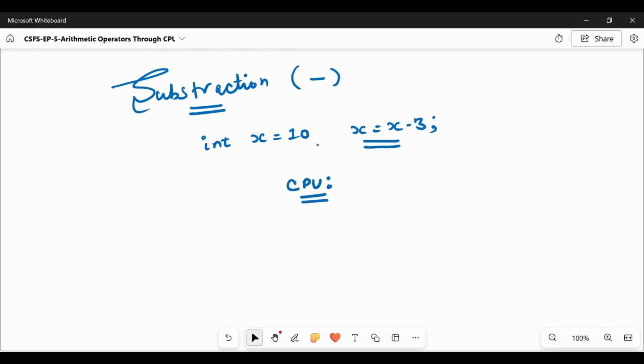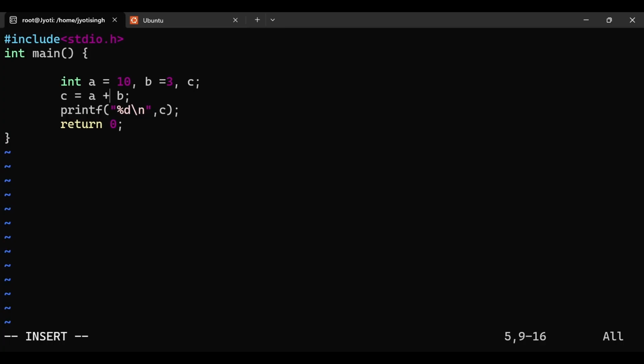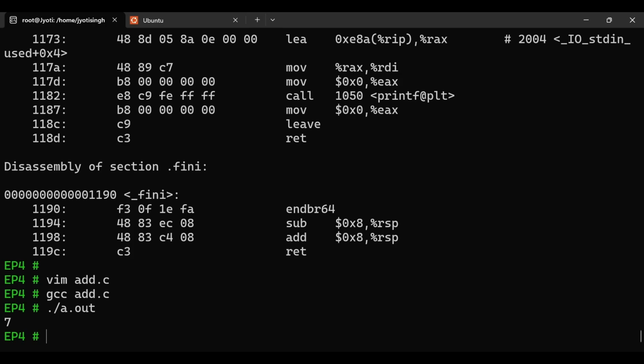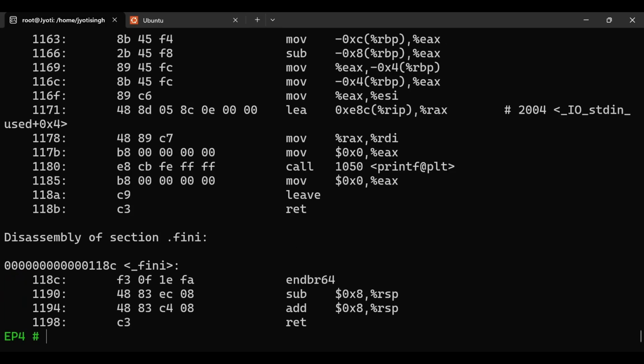We are not doing the computations here. It will be load, subtract, I will show you, and then store. Let us see that inside the terminal. A minus B. Okay, let's see what the output is. 7.